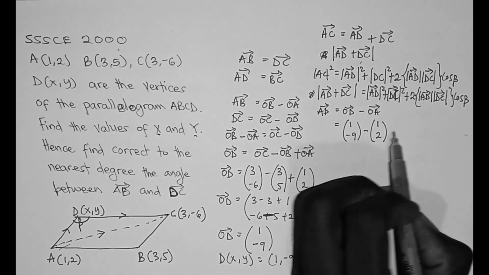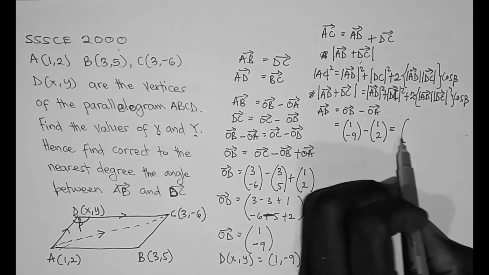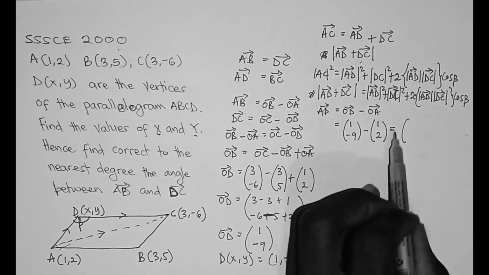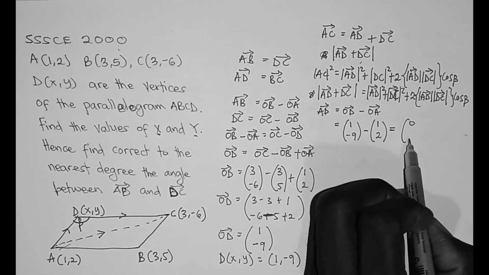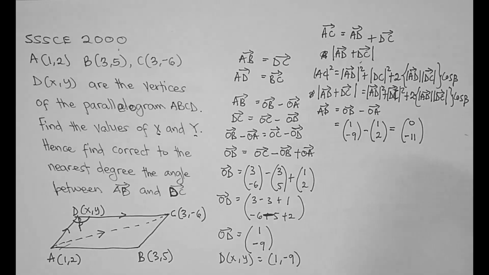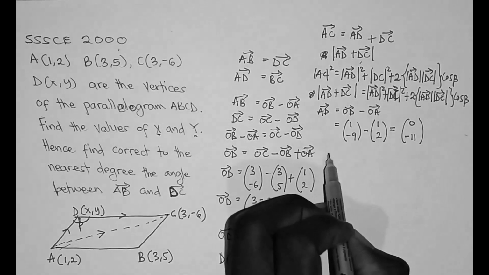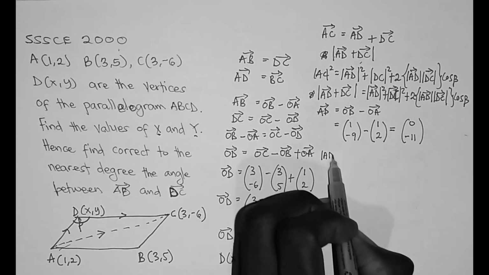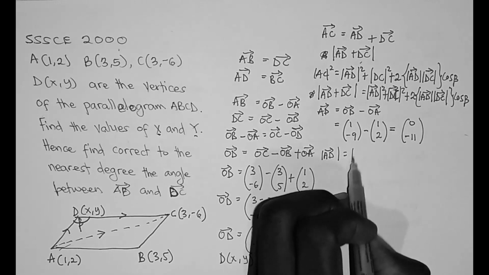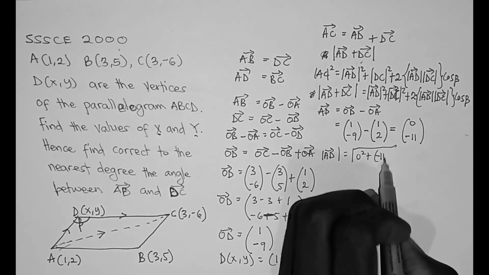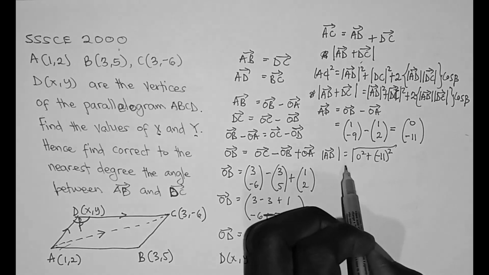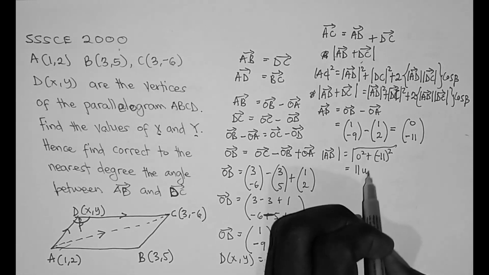And this is equal to 1 minus 1 is 0, minus 9 minus 2 is minus 11. So this is the position vector AD. Now let's find magnitude of AD. Magnitude of vector AD is equal to square root of 0 squared plus minus 11 squared. And this is equal to 11 units.